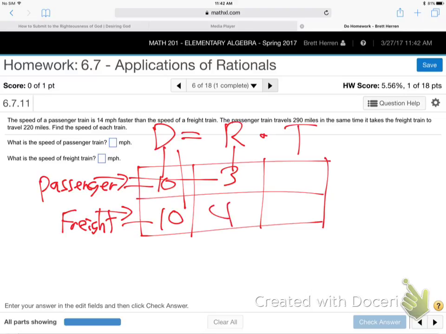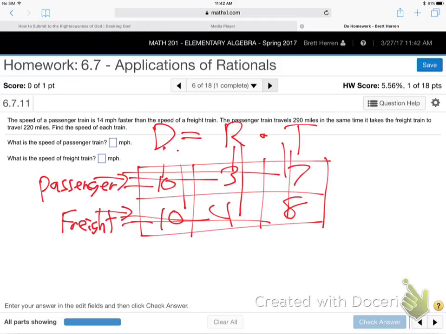What if I put a 4 in this box? The freight train was going at a rate of 4 miles an hour. What if I put a 7 up in this box? What would that mean in the real world? Yeah, time for the passenger train. The passenger train was traveling for 7 hours maybe, or 8 in this box. The freight train was traveling for 8 hours. So I want to make sure you're good with the real life significance of the various boxes.